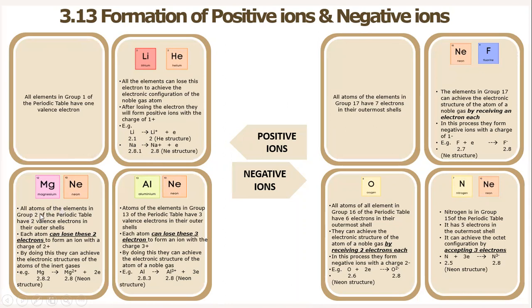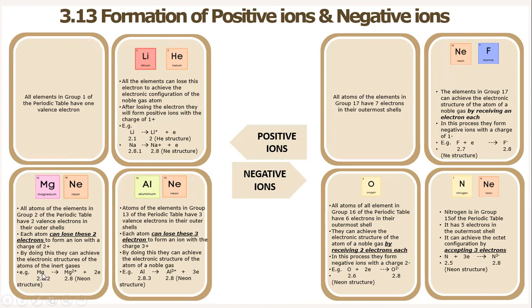And let's look into magnesium. All atoms of the elements in group 2 of the periodic table have two valence electrons in their outer shell, so each atom can lose these two electrons to form an ion with a charge of 2 positive. By doing this, they can achieve the electronic structure of the atom of the inert gases. Example, magnesium.